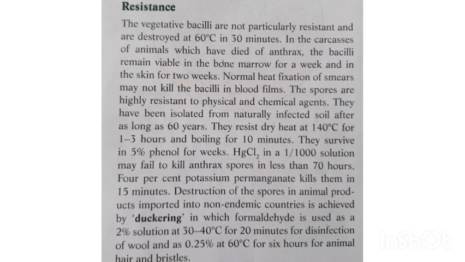Antiseptics or chemicals like phenol and mercuric chloride, they are resistant to. But potassium permanganate can kill the spores within 15 minutes. The spore destruction method is known as deckering, achieved by treatment with formaldehyde. That's all about resistance.